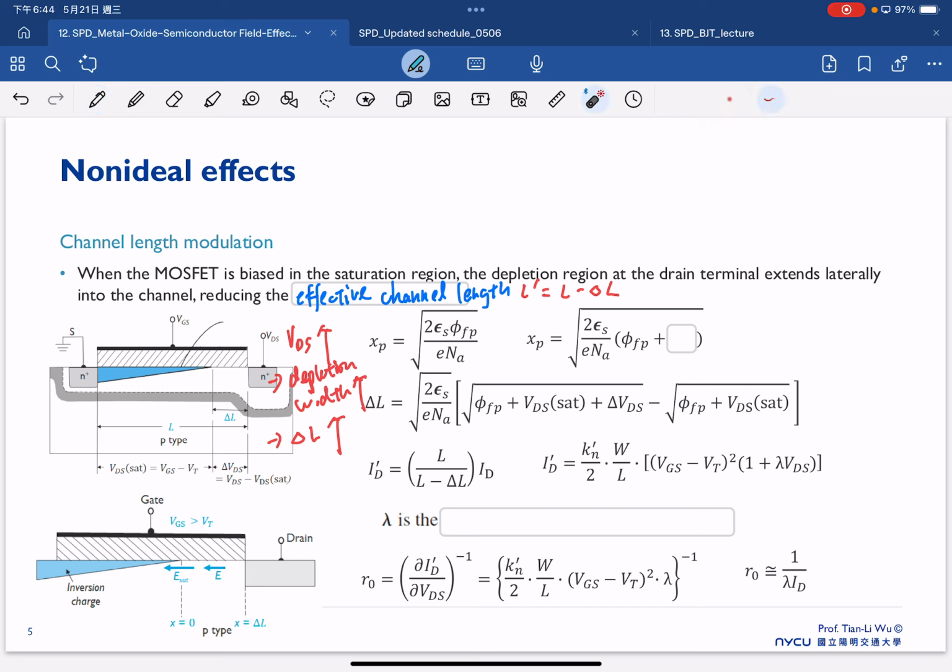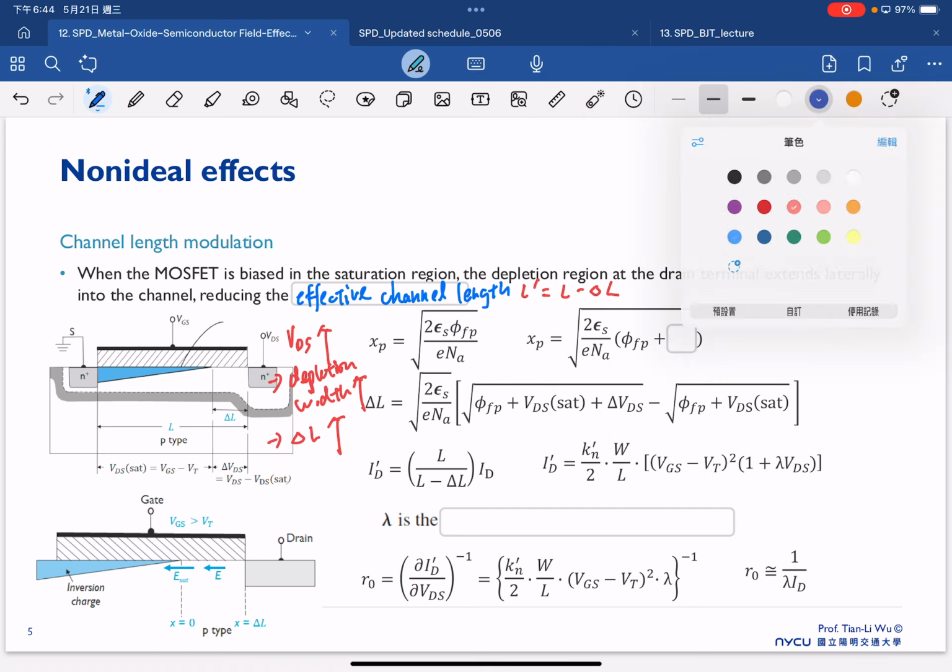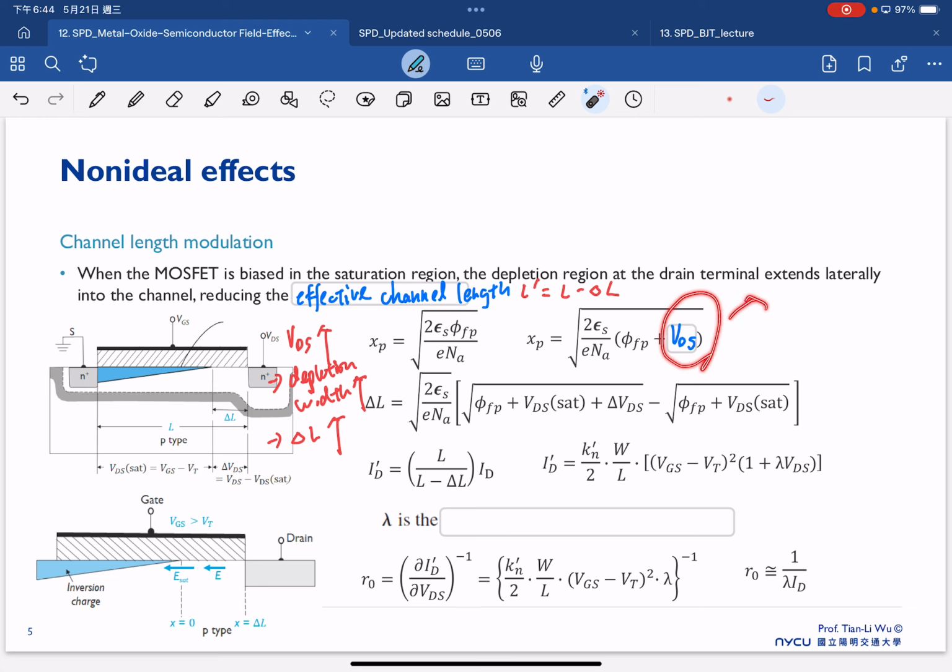So starting from the original equation here, this is an equation without considering additional VDS, but this is the equation with additional VDS. As you know, the additional reverse bias will increase our depletion width, so this becomes larger. And then delta L can also be calculated as shown here.